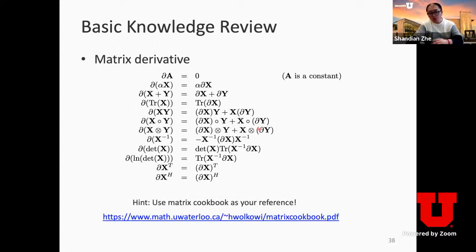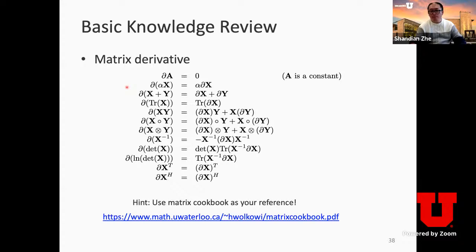Okay, the last thing I want to cover is matrix derivatives. I believe everybody is familiar with taking derivatives or gradients with respect to scalars. But in machine learning, we are more interested in vectors and matrices. Those are basic mathematical objects.